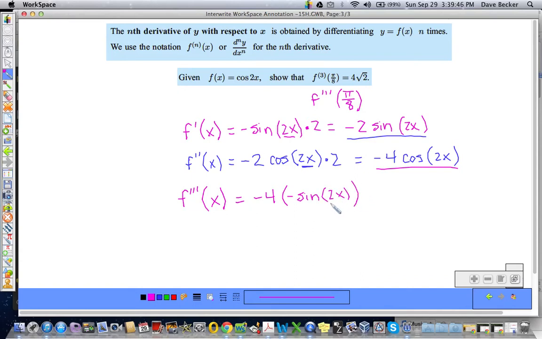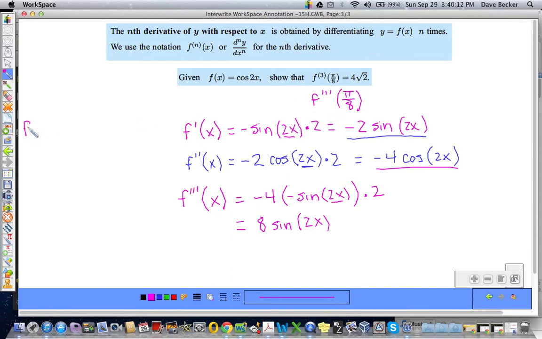Then we multiply that by the derivative of the inside, which again is going to be 2. And we clean that up, and negative times a negative is positive. I have the 2 outside, so that is going to be 8 multiplied by the sine of 2x. Okay? And we have to show that f triple prime of pi over 8 is equal to 4 root 2.